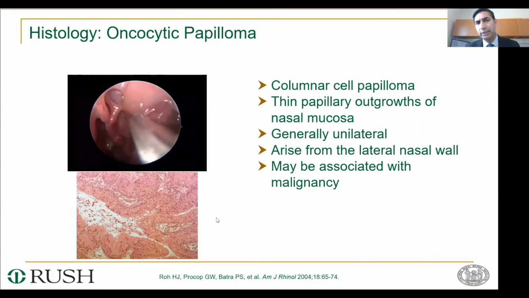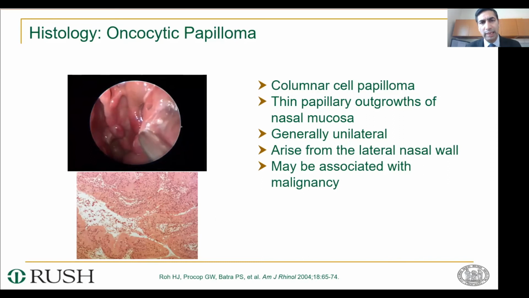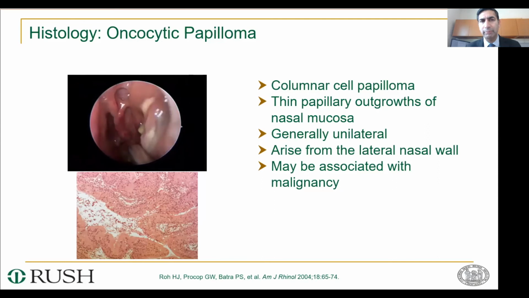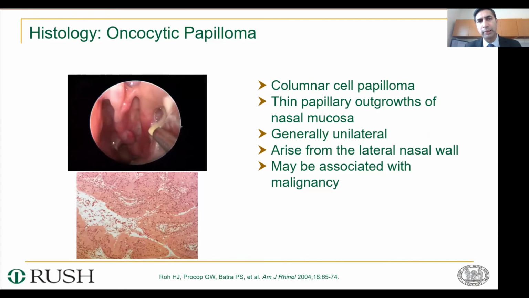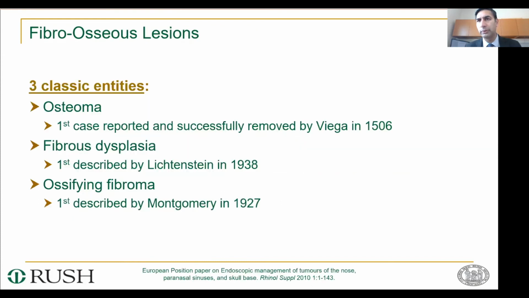This also tends to be unilateral, arising from the lateral nasal wall, and in about 10% of the cases, similar to inverted papilloma, this can be associated with malignancy as well. Again, detailed discussion of radiology and treatment is beyond the scope of this, but I wanted to make sure that I could share with you the key histologic features of these 3 subtypes of sinonasal papilloma.